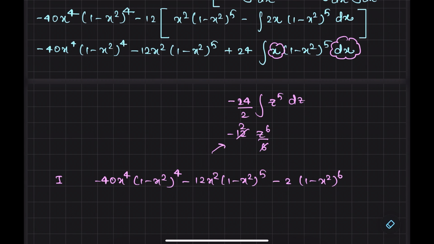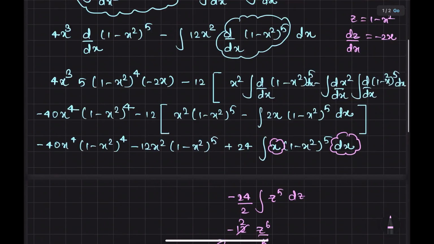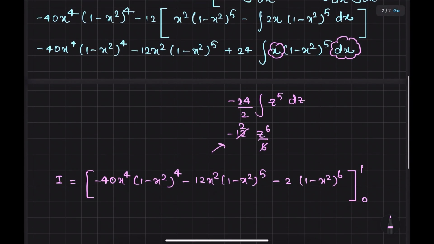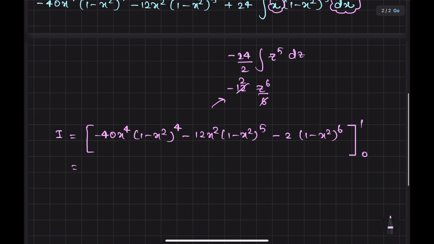Now you have to apply the upper limit and the lower limit. What was the upper limit? It was 1 and the lower limit was 0, I think so, yes. So let's put the upper limit. If you put the upper limit, this thing will become 0, this thing will become 0, this thing will become 0, because everywhere inside the bracket you have x square. x square will become 1, and 1 minus 1 is 0. So here also it will become 0 and there also it will become 0.